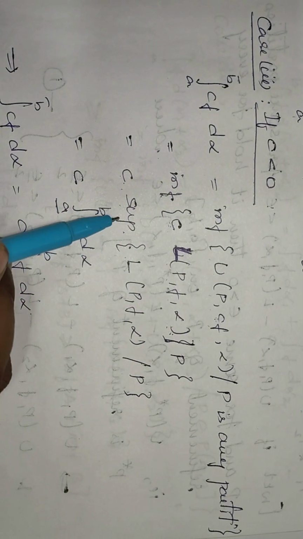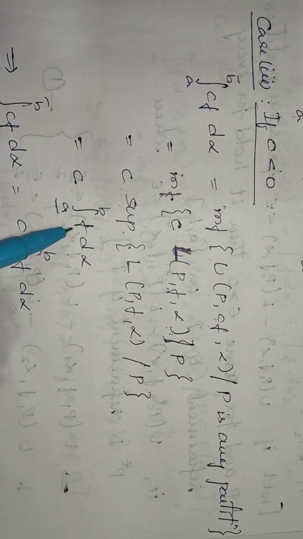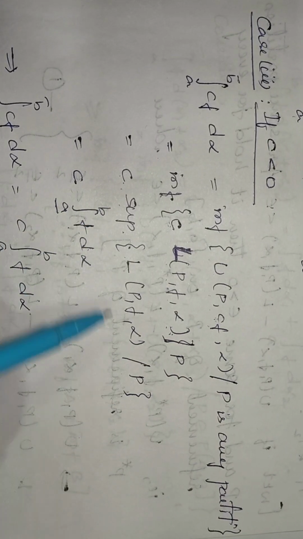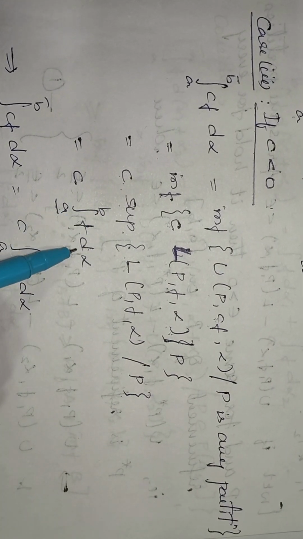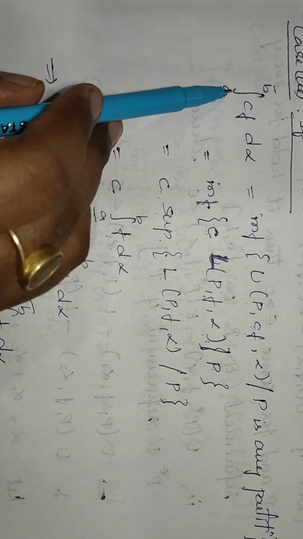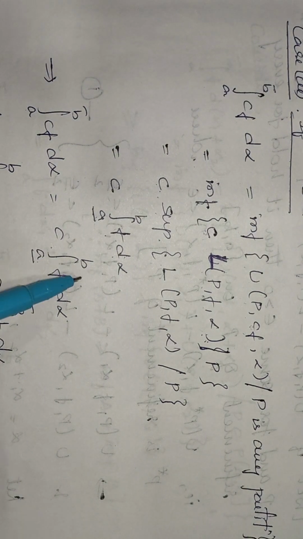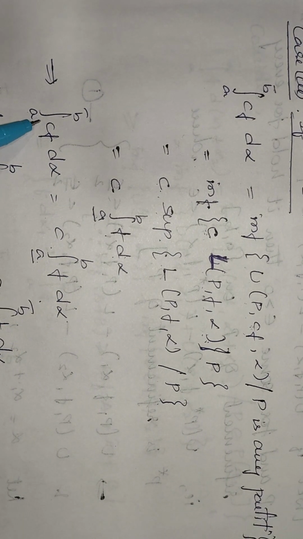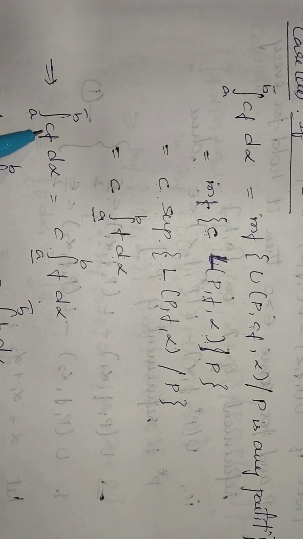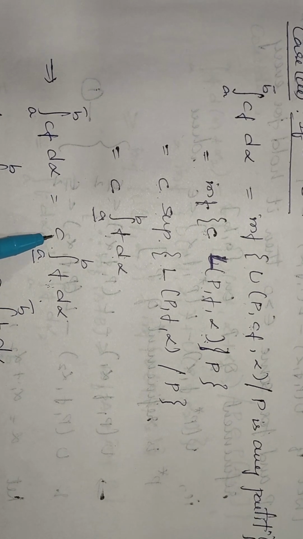Okay, so this is nothing but the lower Riemann-Stieltjes integral of f. This is the definition of the lower Riemann-Stieltjes integral. And now I have the upper Riemann-Stieltjes integral of cf equal to c into the lower Riemann-Stieltjes integral of f. This is the upper Riemann integral of cf, and this is the lower Riemann integral of f multiplied with this c.